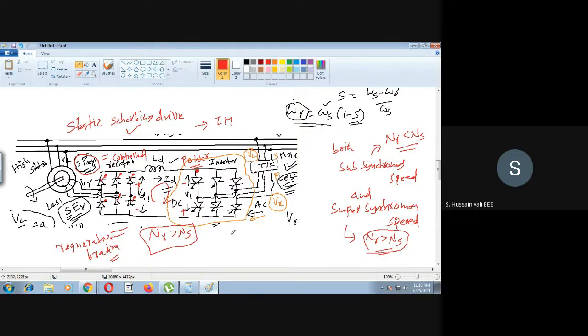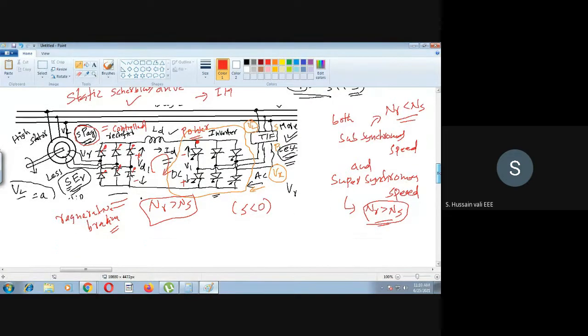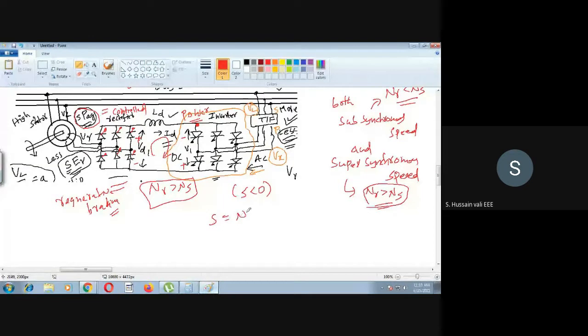So what is regenerative braking here? S less than 0, you recall this thing. If S less than 0, you recall S is equal to NS minus NR by NS. So how can you make this slip negative? To make this slip negative, you can do one thing: you can reverse the phase sequence here.